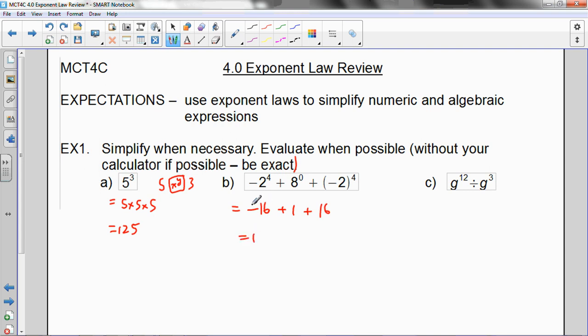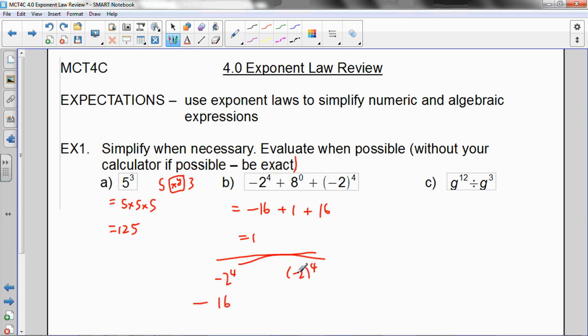And that's pretty weird. Negative 16 and positive 16. This is a place where students mess up. They think that this is the same thing, mostly because they use their calculator and forget to put brackets in. In this one, it's the negative of whatever 2 to the exponent 4 is. Well, the base here is 2. So it's 2 times 2 times 2 times 2. That's 16. So it's the negative of 16.